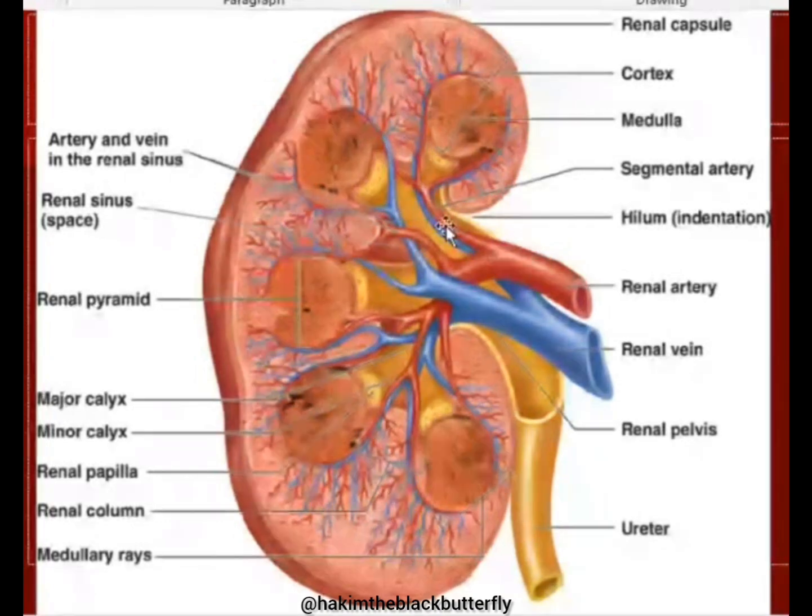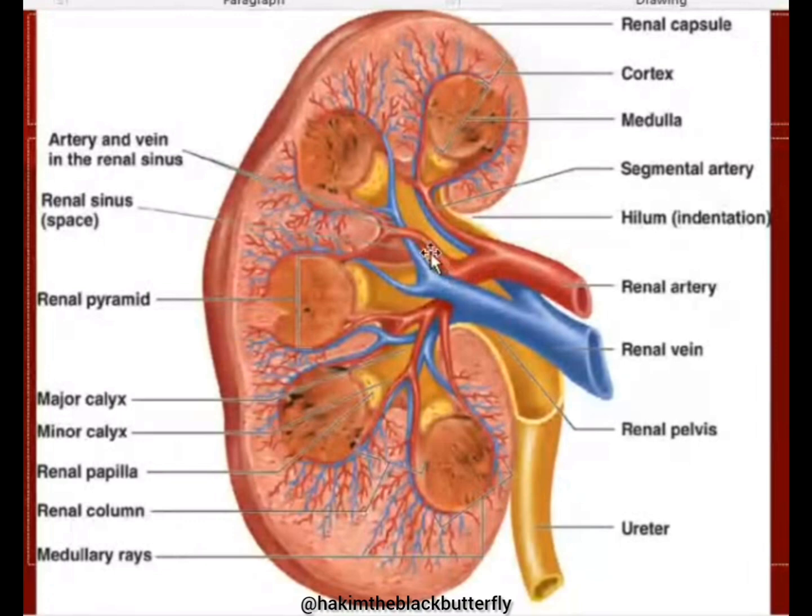It branches into what we call segmental arteries. The segmental arteries, when they reach the columns of Bertin, they divide into what we call interlobar arteries. Have you seen these two?